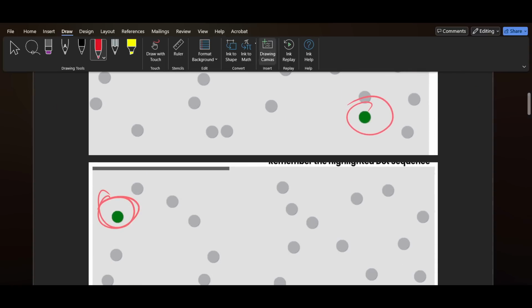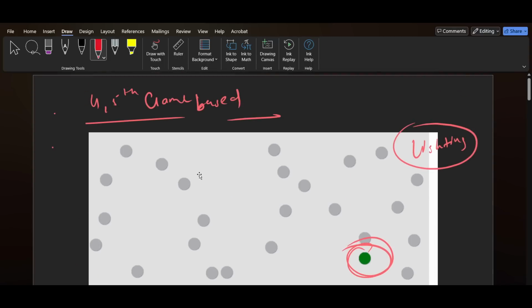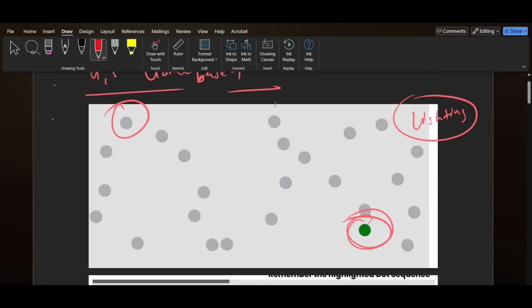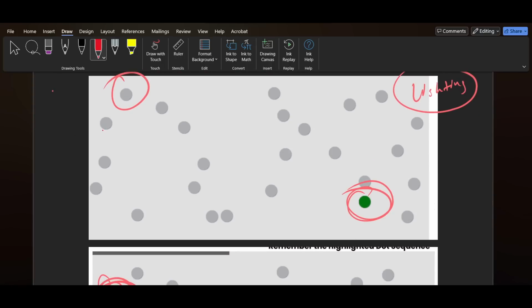Suppose they ignited the light for this point, then this point, then this point, then they will ask you to click the dots in the sequence. Then you will click first this point, because this was ignited first, then second you click on this point, then third you click on this point.